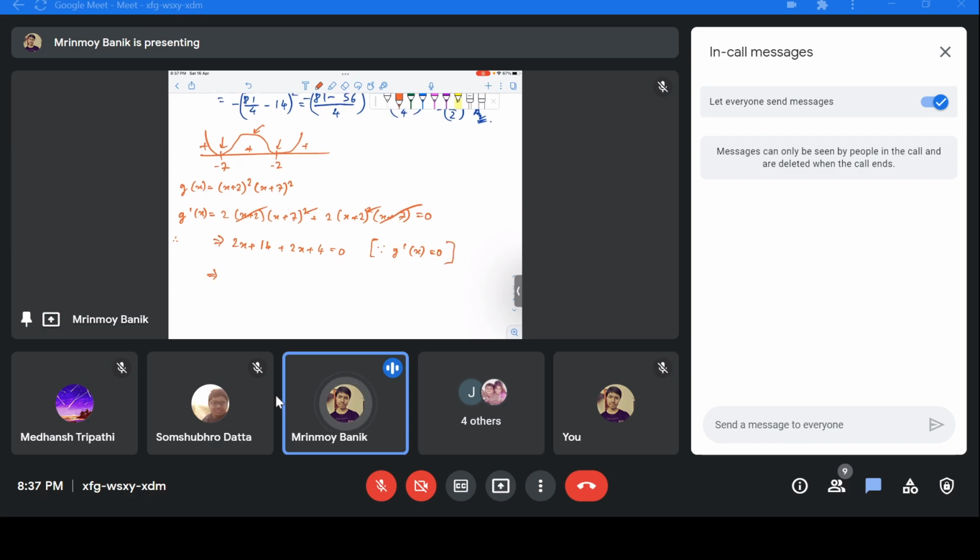so we're just trying to find this value of x. So 4x equals minus 18. So it's equals minus 9 by 2. 9 by 4, sorry.